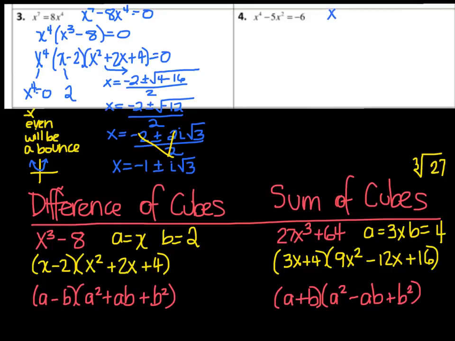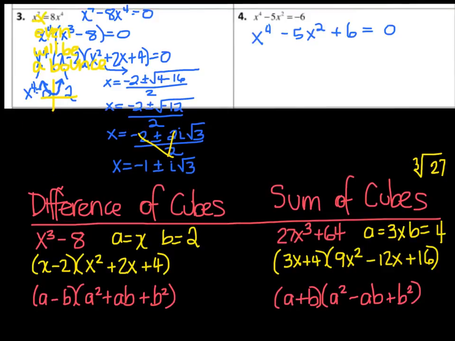I'm going to add that 6. And I have a trinomial. Now, if you notice, we have already factored things like this. So if it's a trinomial, I can open up two binomials.